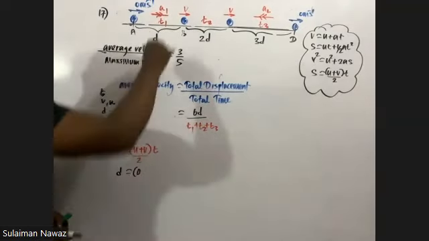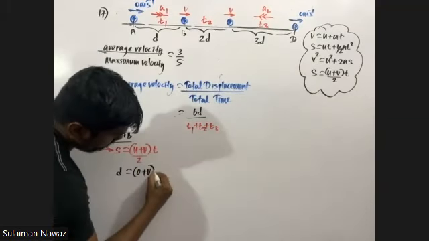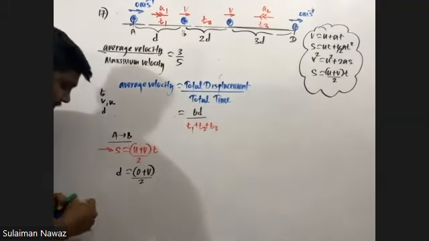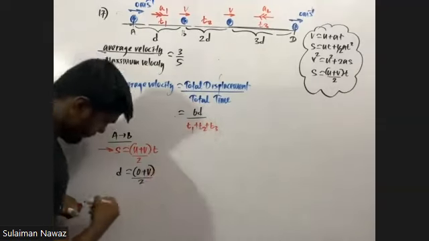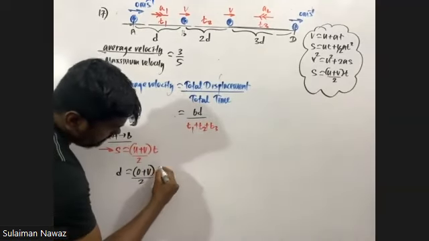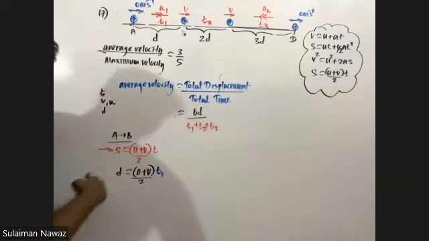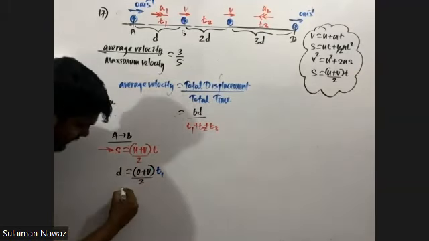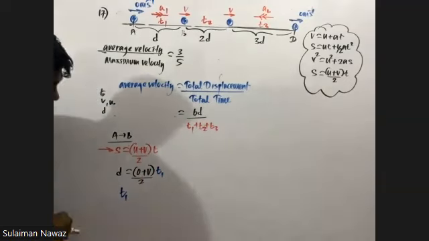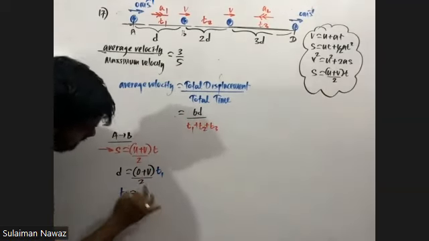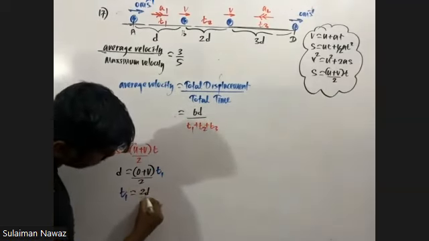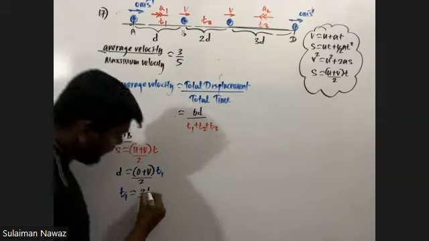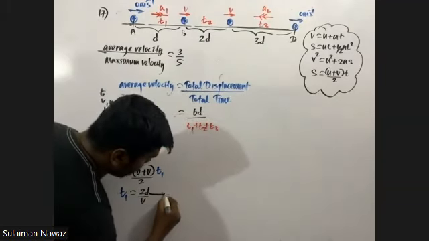Final velocity V is capital V, over 2. Time taken is simple T1. When I make T1 the subject, 0 plus V means V, so T1 equals 2D over capital V. I call this equation 1.